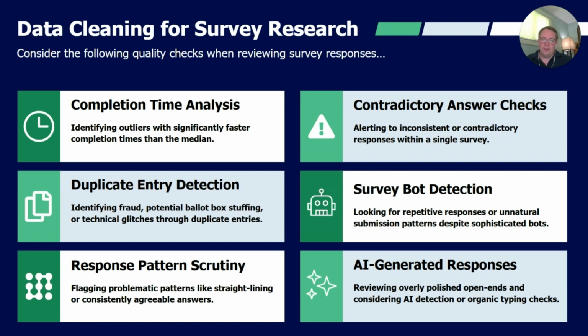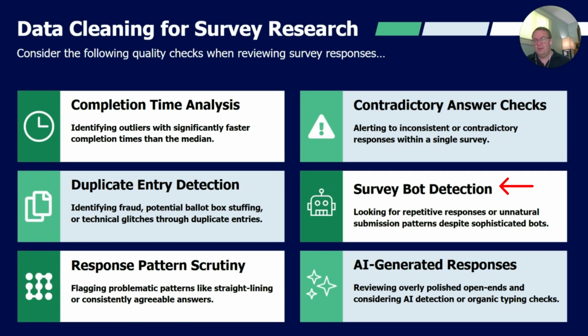Next up is survey bot detection. This has become a bigger issue in the industry, especially with AI becoming more and more common. The bots are quite a bit more sophisticated than they used to be. They have unique IP addresses and varied responses, but there are still some things to look for. Again, you want to look at those digital fingerprints. You want to look for potentially unnatural submission patterns.